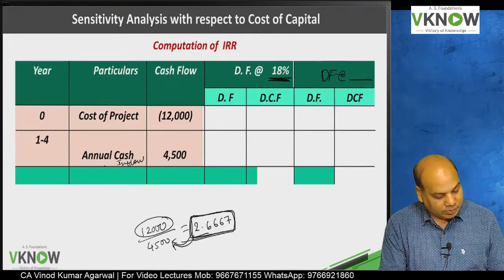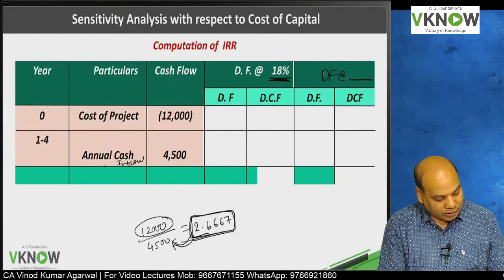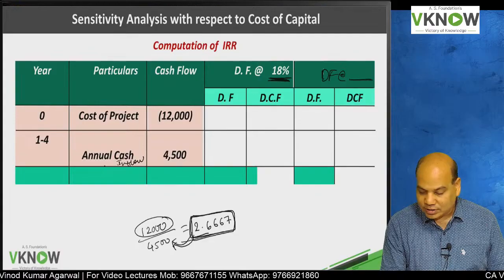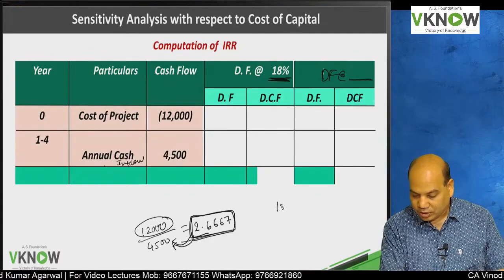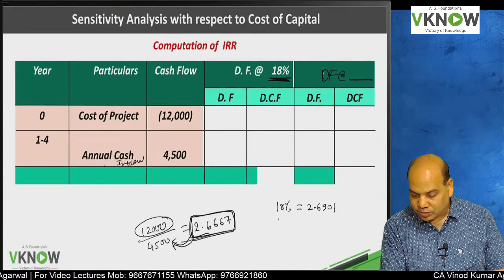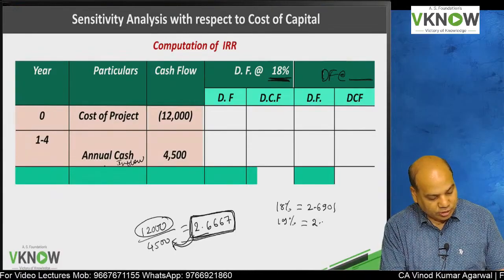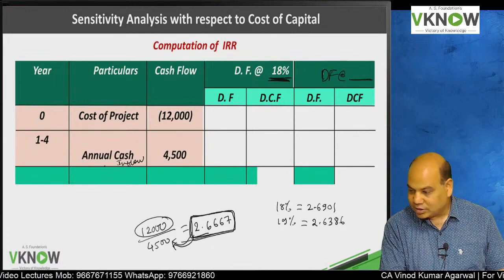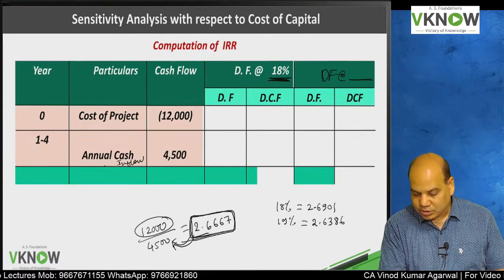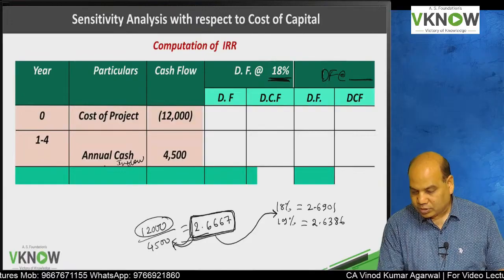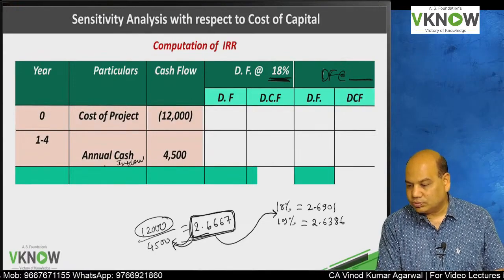At 18% it is 2.6901, can you locate 2.6901, and at 19% you will find it is 2.6386, which means this number is somewhere between the two.